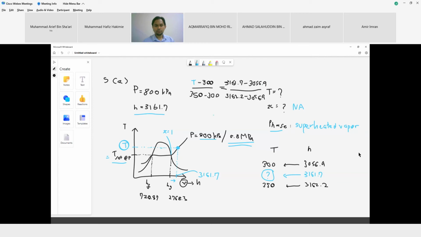Okay, so from this linear interpolation equation, find the T. Once you have this value, then you can put here. Itu kaedah untuk this compressed liquid, superheated vapor.